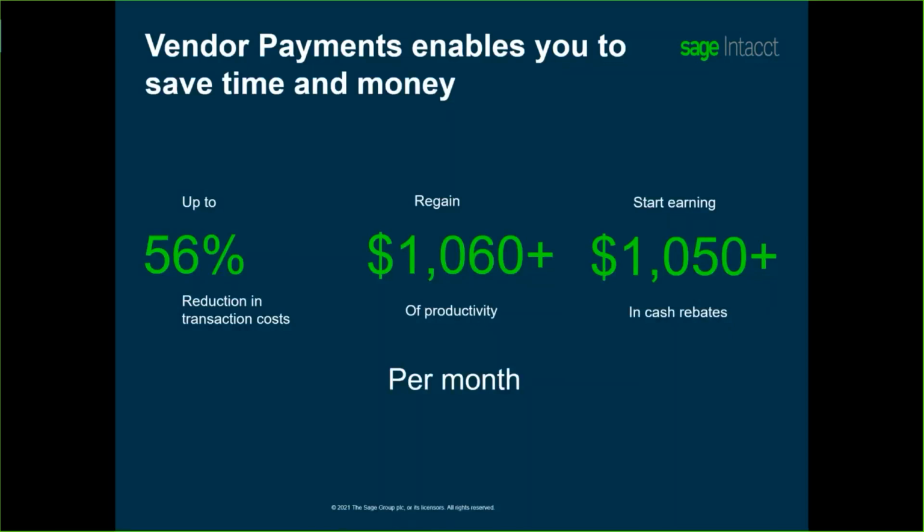So I mentioned the ability to earn revenue, and I want to talk a little bit about how you'll see the savings and where the potential is for earning rebates. So first, you're going to reduce the transaction cost because CSI is going to handle a lot of the more manual activities.